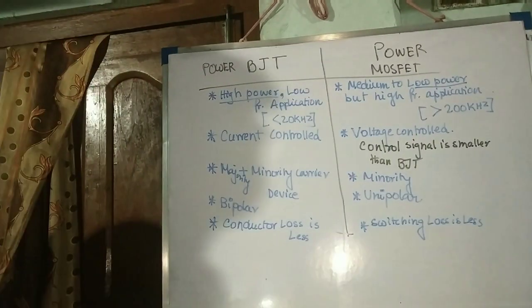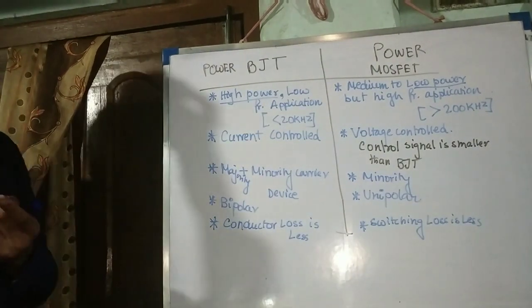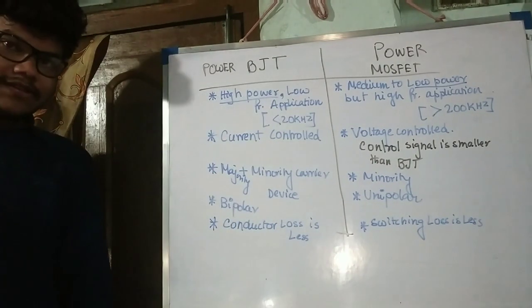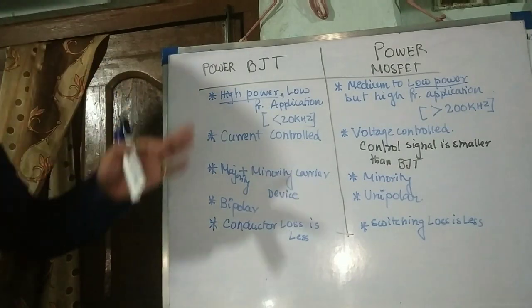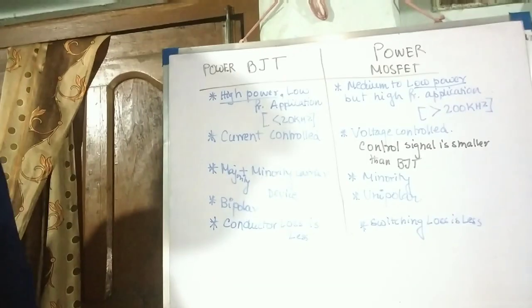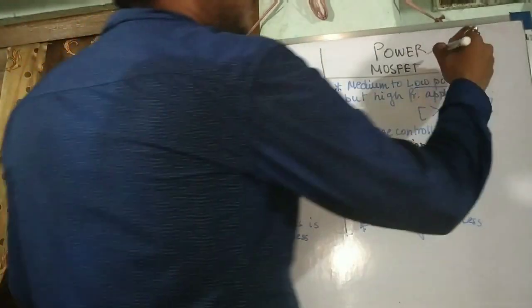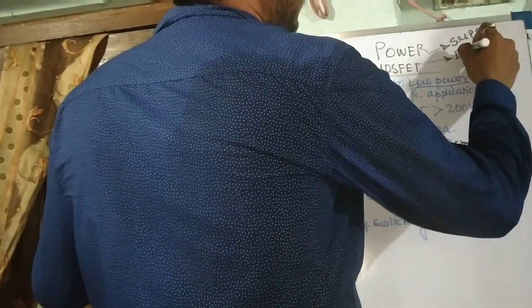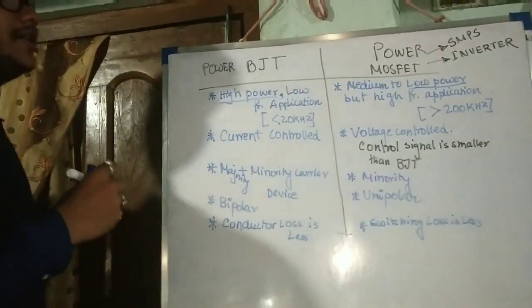And as the on-state resistance of the power MOSFET is high, but the switching resistance is low, that's why the power MOSFET can be used for parallel operations also. And what is the major application of power MOSFET? The major application is your famous SMPS, switch mode power supply, and inverters also. For high frequency application, power MOSFET is essential for inverter circuits.